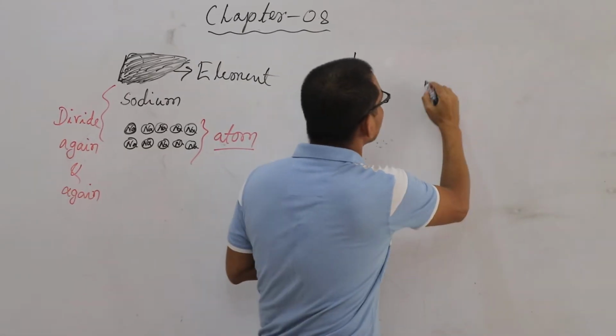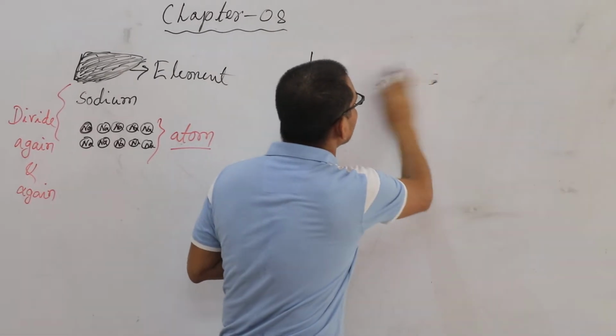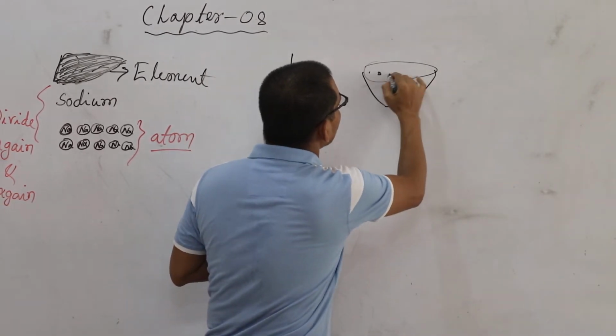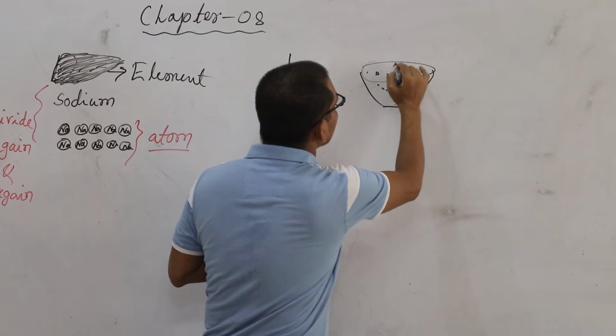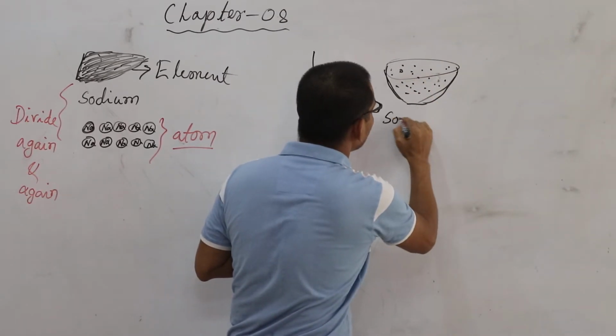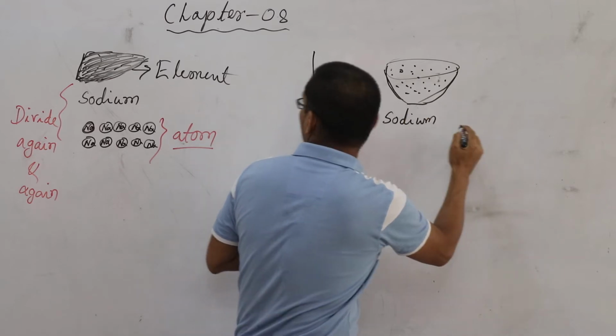Next, another substance, table salt. It's table salt in a pot, and it is sodium chloride.